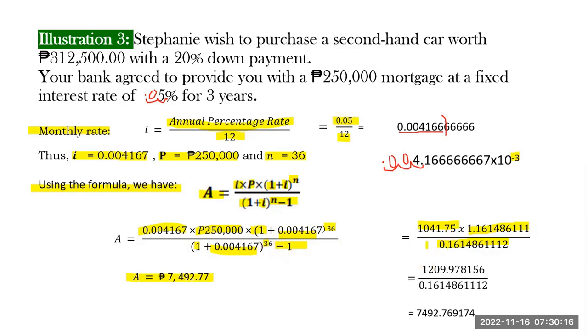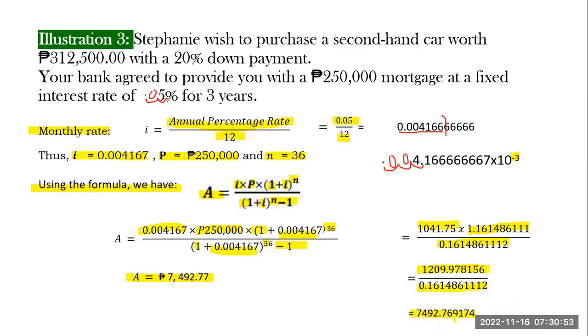And say, 1,041.75 times 1.161486111, that is equal to 1,209.978156 divided by 0.16148611112, and that is equal to 7,492.769174. And kunin lang natin to decimal places. That's 7,492.769174.